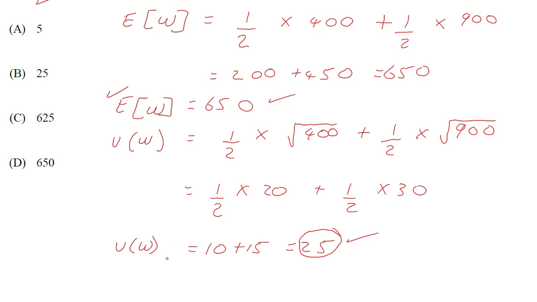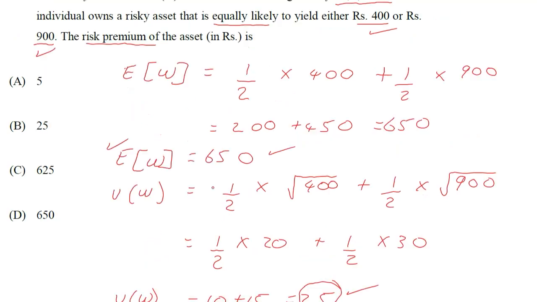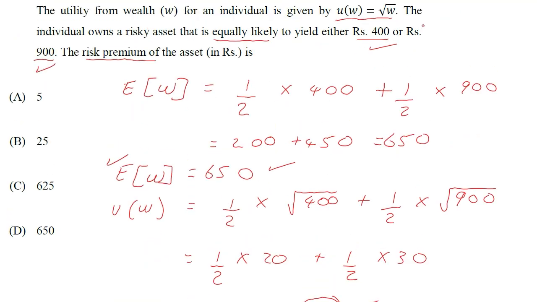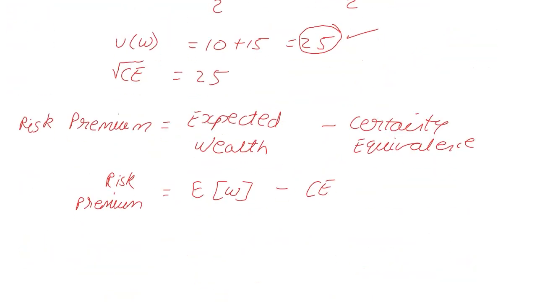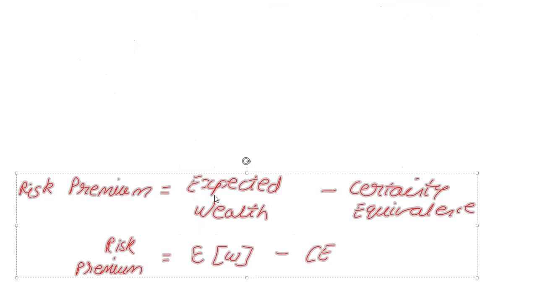How do we do that? Keeping in mind the original formula where the utility of wealth is equal to the root of wealth, we are assuming that the root of certainty equivalence is equal to 25. This is based on a formula, and I'll write it down below. I'm constantly pushing this down, so let's take it down a couple of notches.